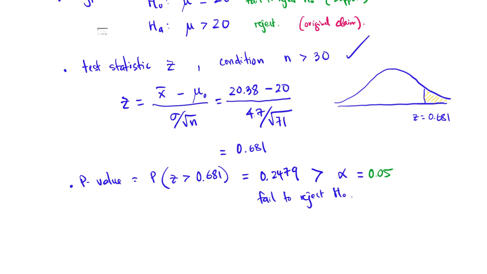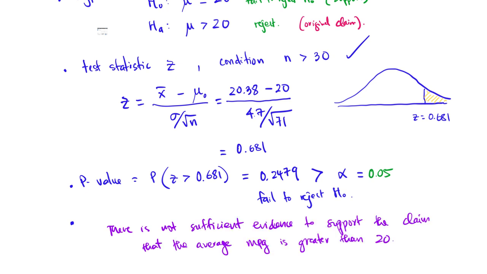And so we need to write a statement that would make sense in that context. And so we add the statement, there is not sufficient sample evidence to support the claim that the average mile per gallon is greater than 20. This means we cannot support the original claim. And this is the fourth and the final step in the hypothesis test.